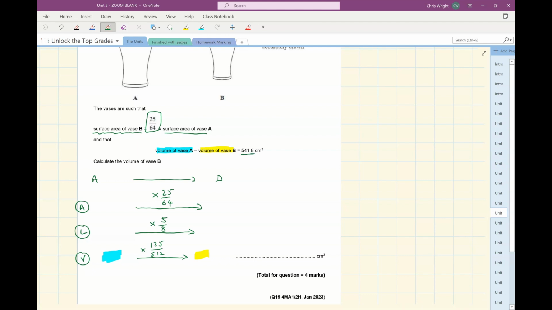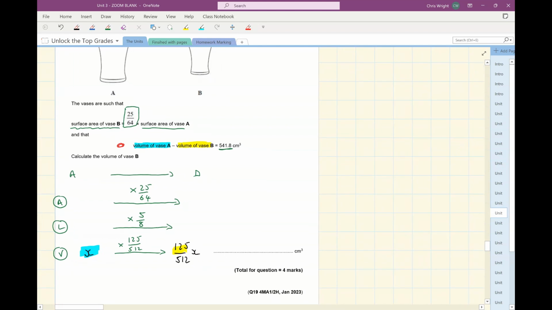Let's call the volume of vase A x, which means the volume of vase B is 125/512 x.